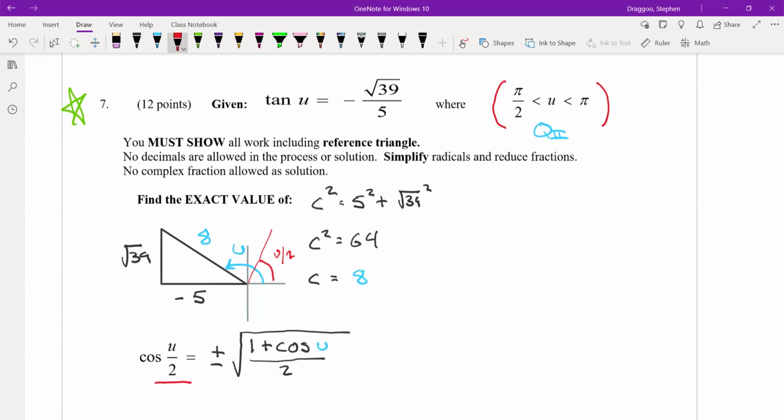If I want an inequality for u over 2, I should just multiply that whole thing by 1/2. Giving me u over 2 in the middle with pi over 2 on the right and pi over 4 on the left.